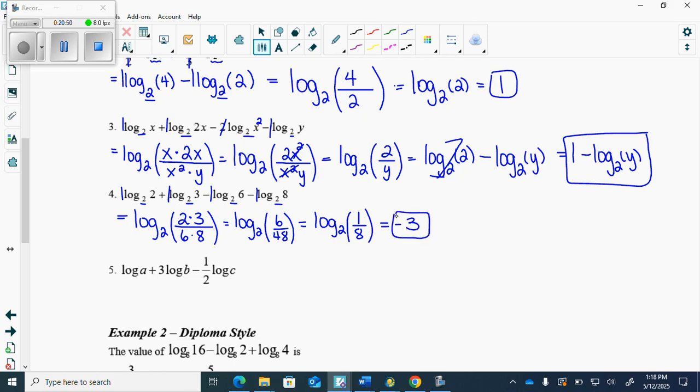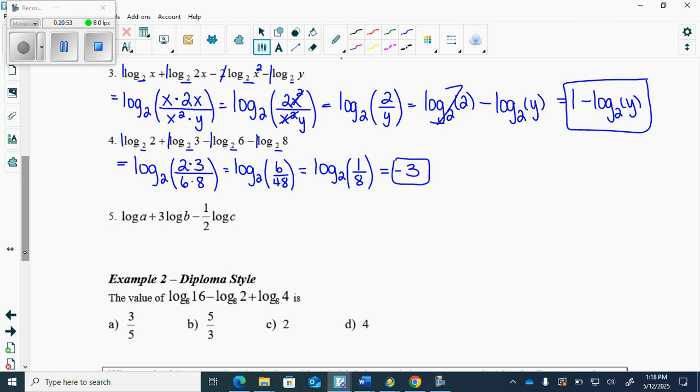Number 5, when they don't have any bases, it doesn't scream put me together as much. So what I do is when they don't have bases, I go and put in base 10 so that it kind of screams more to me that I can put them together. Okay? The first one has a plus 1 in front, so I'm going to leave that. This one I have to move it up and move this up. So I'm going to get plus log base 10 of b cubed minus log base 10 of c to the half.